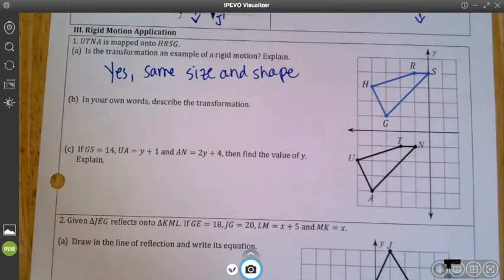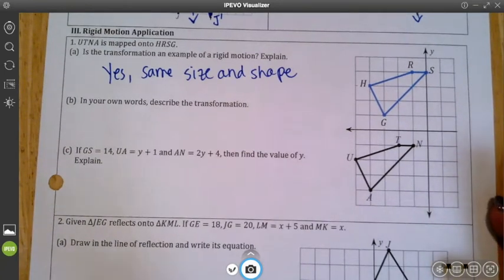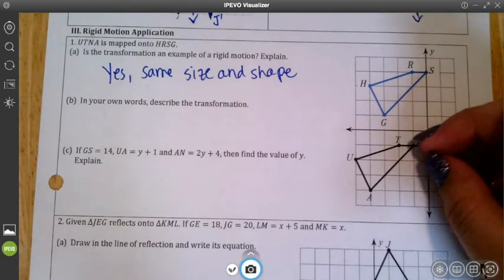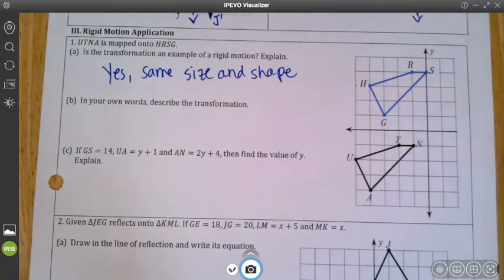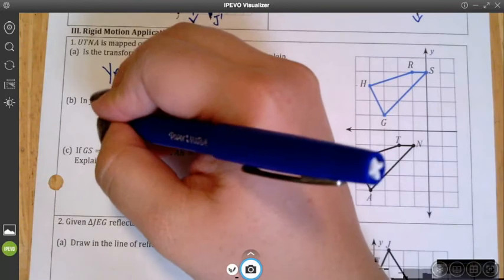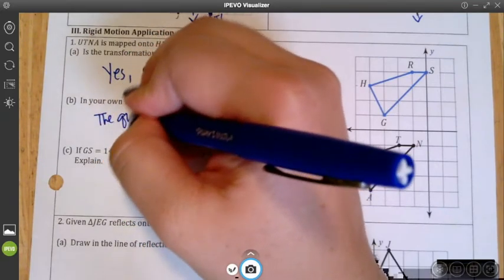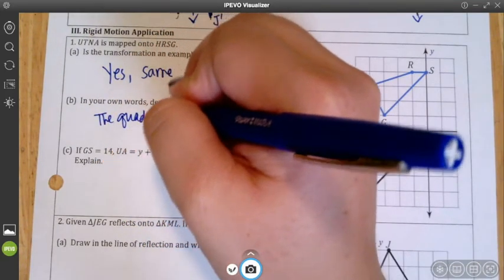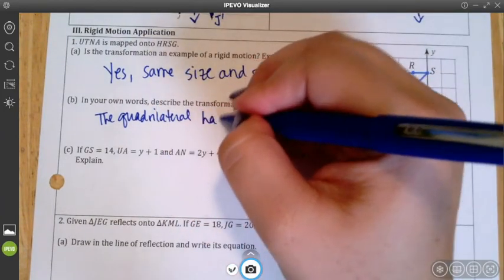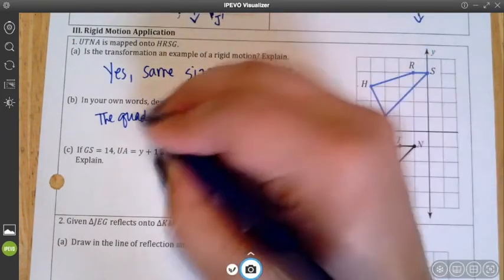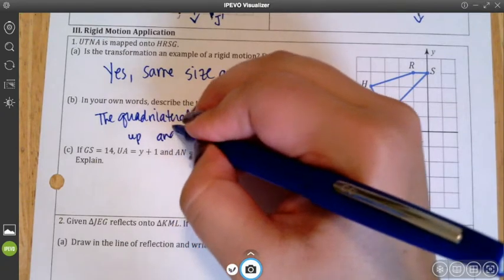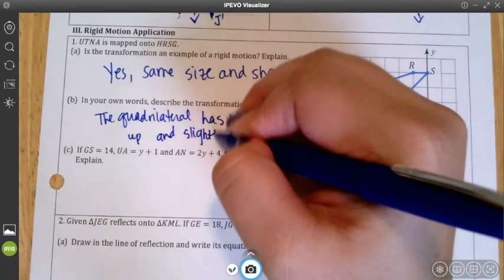In your own words, describe the transformation. So if I'm describing this in my words, I would say this quadrilateral has been moved up and to the right slightly. The quadrilateral has moved up and slightly right.